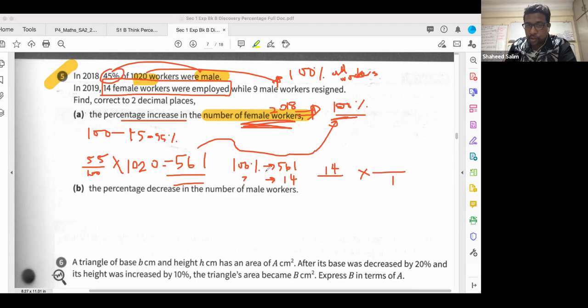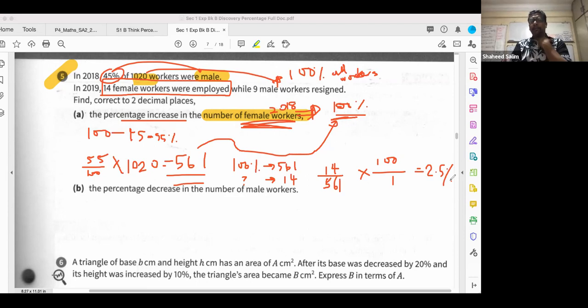Then the ratio must be below. Do you put 100 here or 561? If the top is a number, below must be a number. So 561. Times 100. You get 14 divided by 561 times 100, 2.5. 2.5% increase.